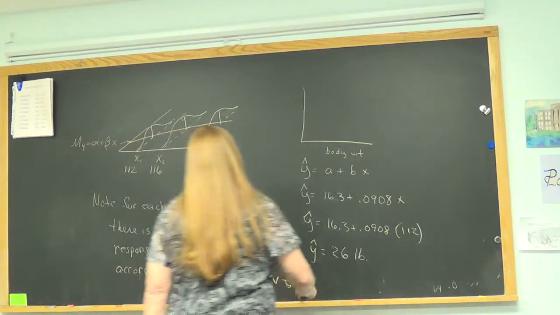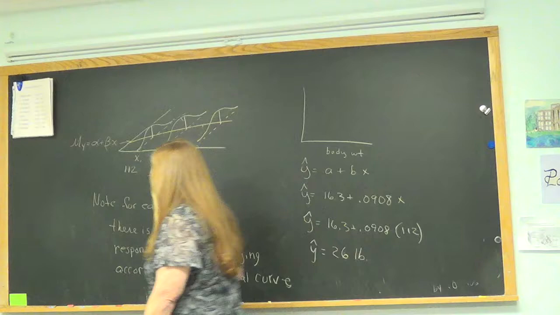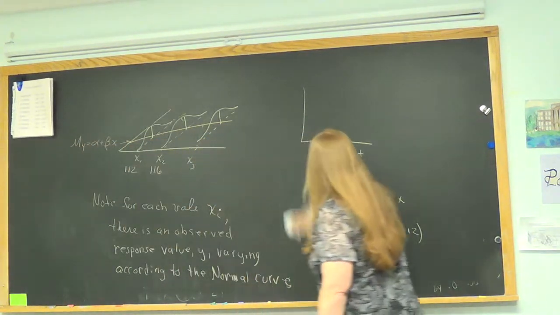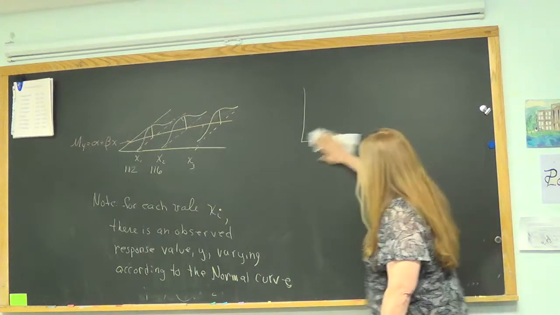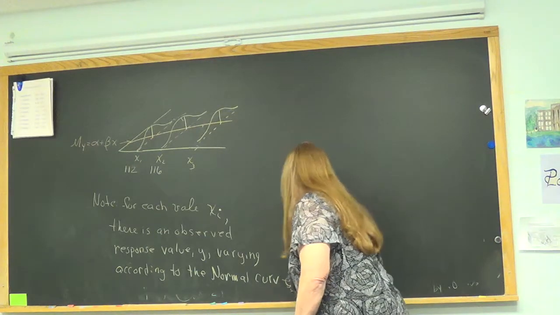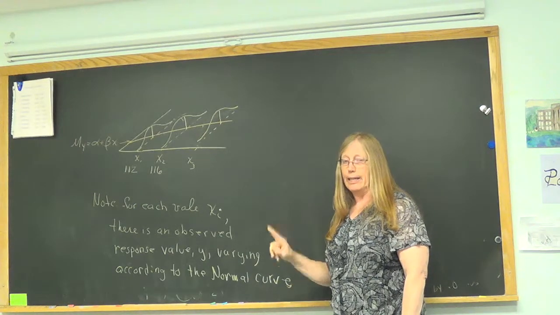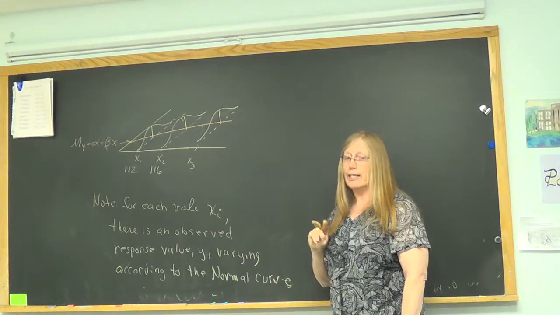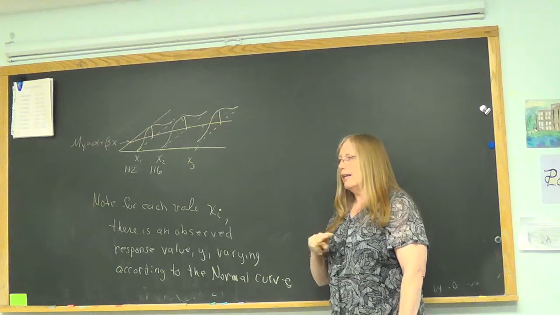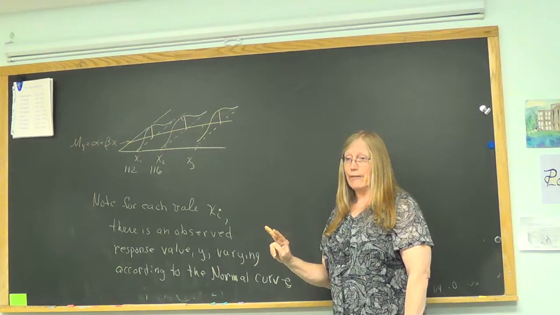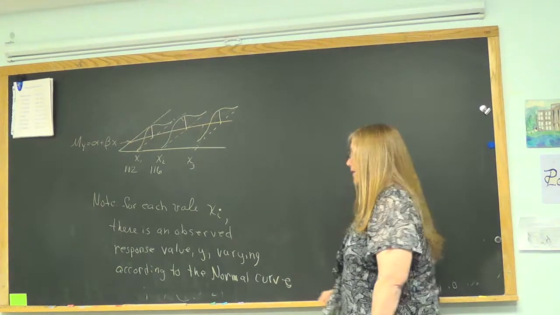Now this is the part that I was not sure if your graph can show or not. Remember, every normal curve is described by its mean and its standard deviation. I can tell you two things, and everyone on the planet can give me the same normal curve if I give you the mean and the standard deviation.